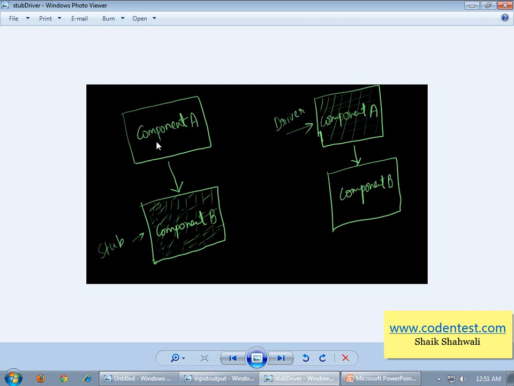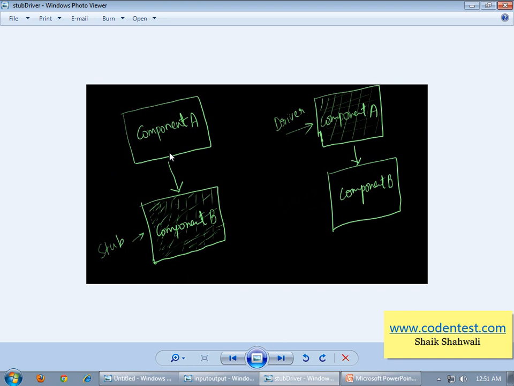Now component A is developed, but component B is not developed, and we have to test both.